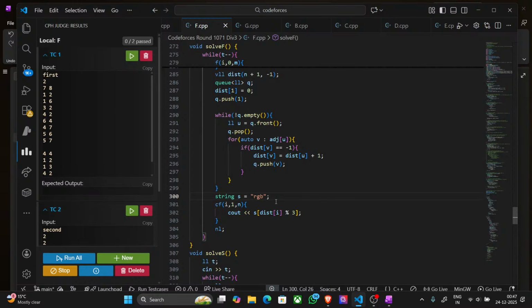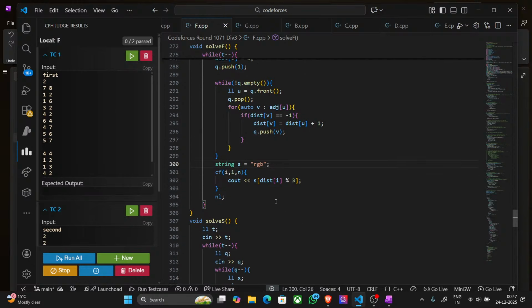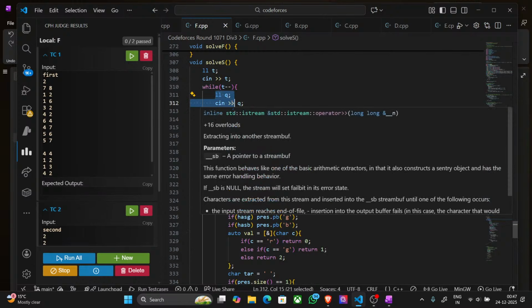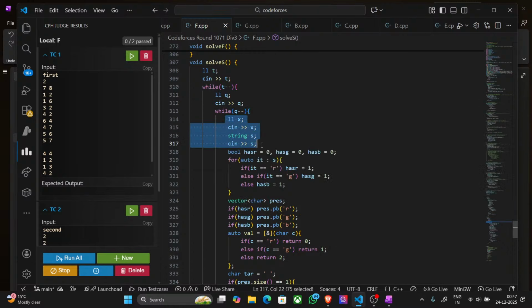Agent will mark my graph like this. Coming to the black slack part, what he will do, he will get Q queries. So for each query, he will input a string with its length, and it will check if the string has R, G, or B, which means it has all the three colors or not.